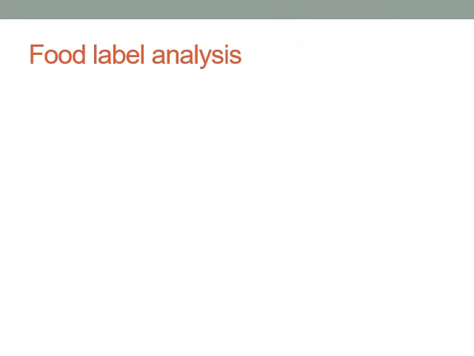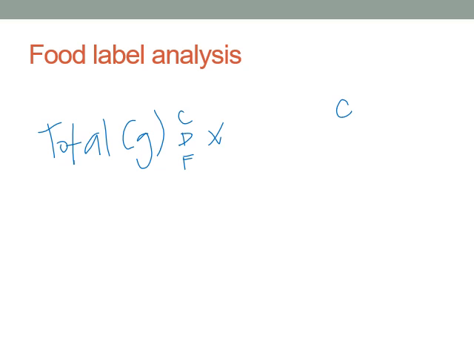So you're going to do basically the same thing for carbs and protein as well. Again, you're just going to take the total in grams of whatever it is, carb, protein, or fat, and then you're going to multiply that by the calories per gram. So again, if it's a carb or protein, it'll be 4 calories per gram. If it's a fat, it'll be 9 calories per gram.